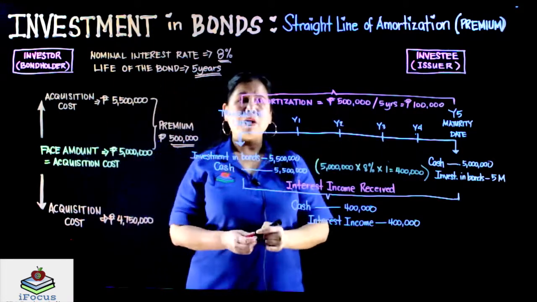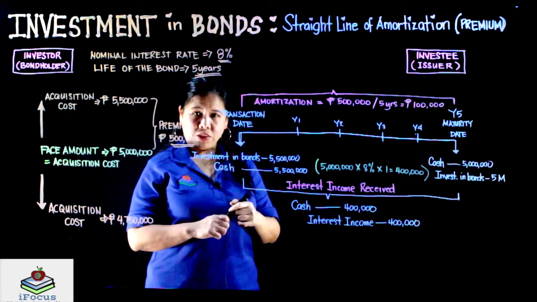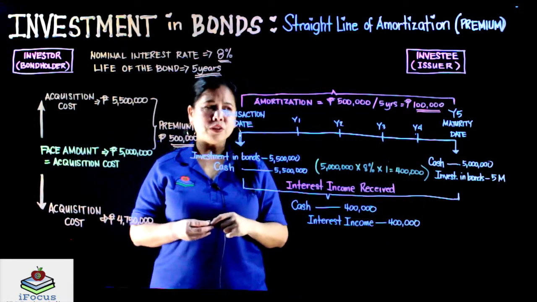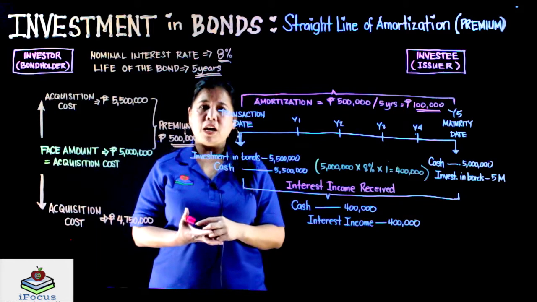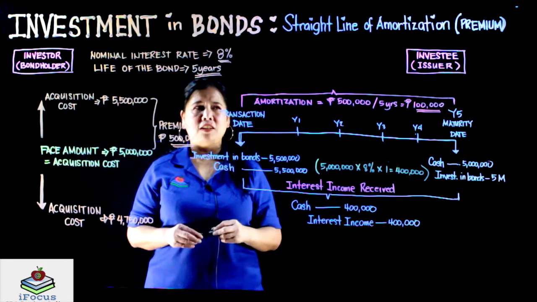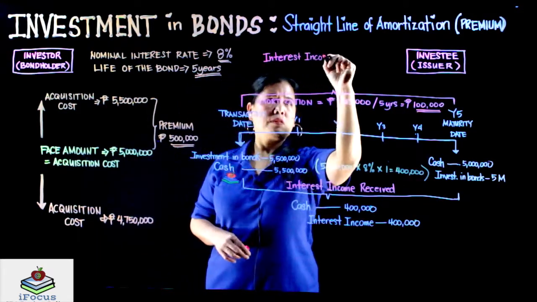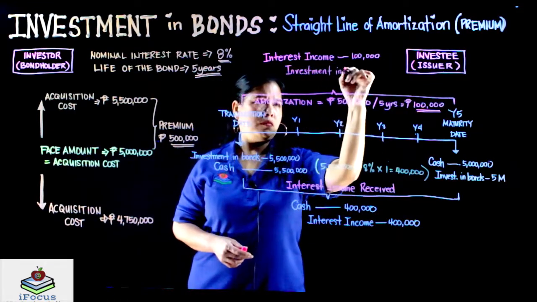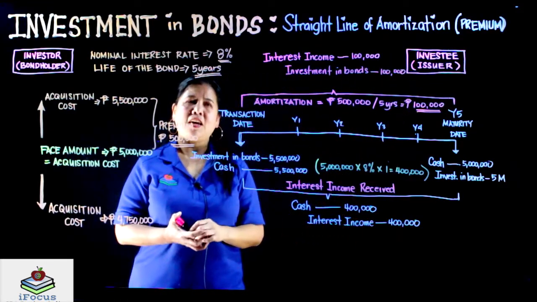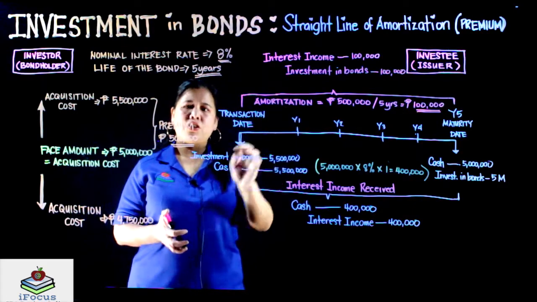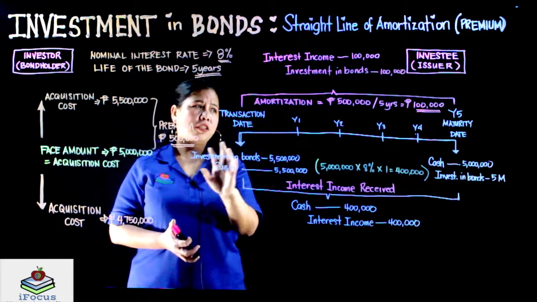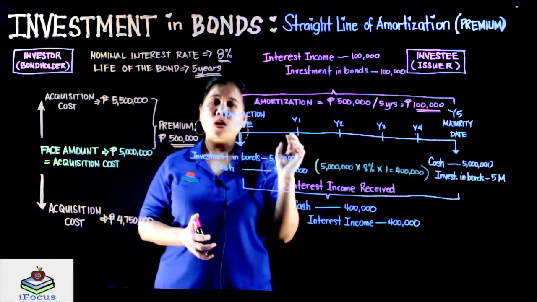So, every year, meron tayong amortization ng 100,000. So, yung amortization na 100,000, ang magiging entry natin dyan is ang ating entry on the amortizations of this premium, which is calculated every year, ay 100,000.